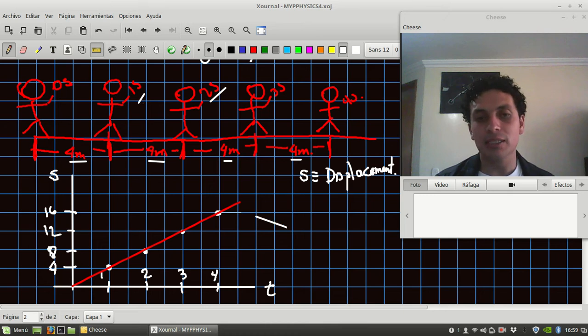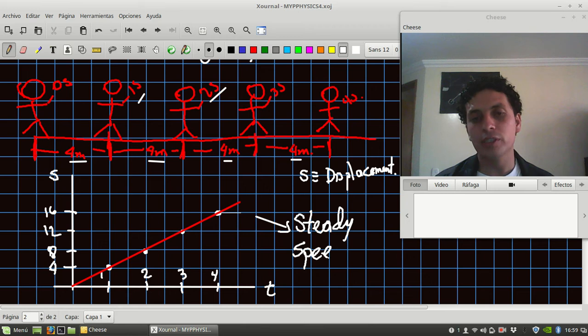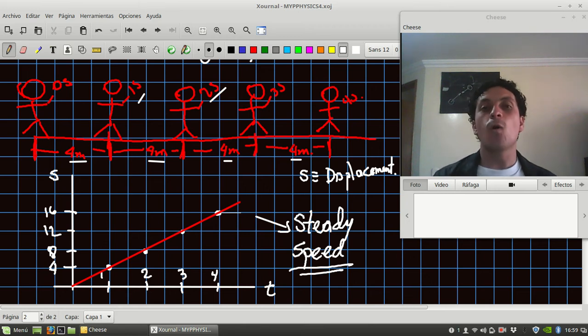So it means that this is a graph related with steady speed or steady velocity. Okay, so the graph for steady speed of displacement versus time is a linear trend. Okay, if you have a linear trend for displacement versus time, then the motion is at steady speed.